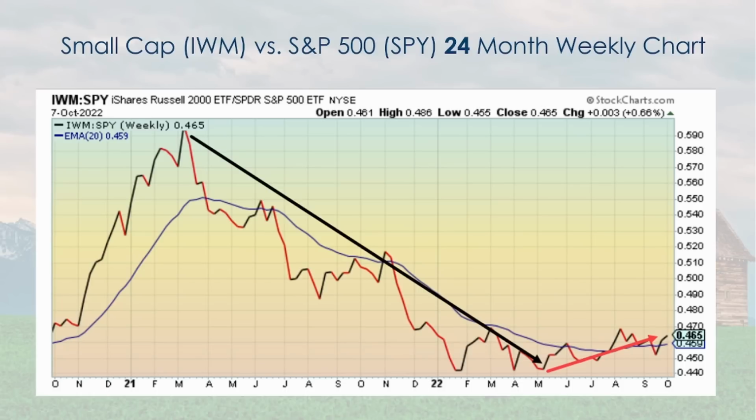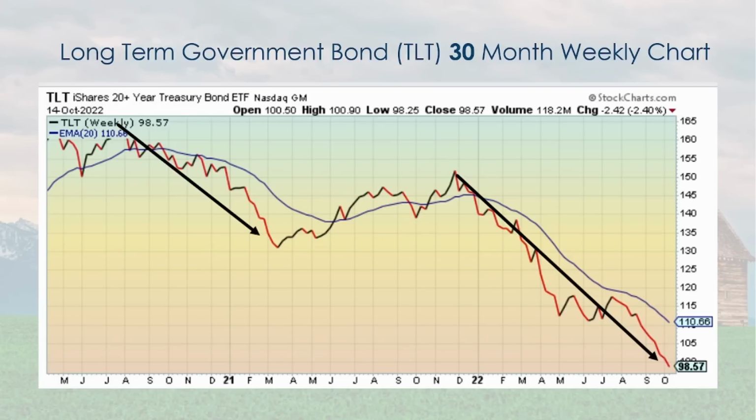But over the 24-month period, it's still mostly favoring large cap, meaning the S&P 500. This is a chart of long-term government bonds, so I told you this earlier. This goes back over 2 years ago, back to the summer of 2020.